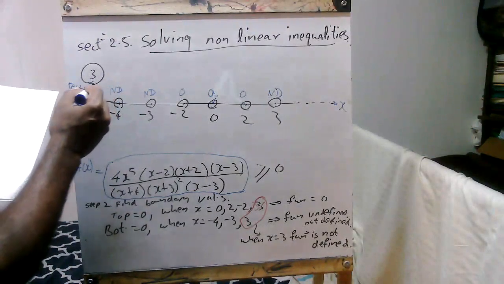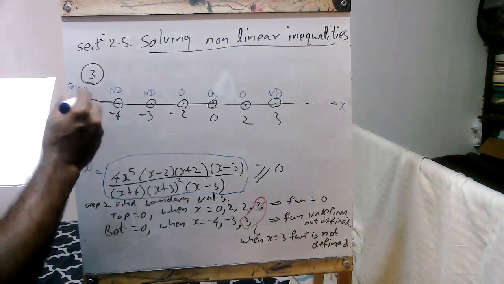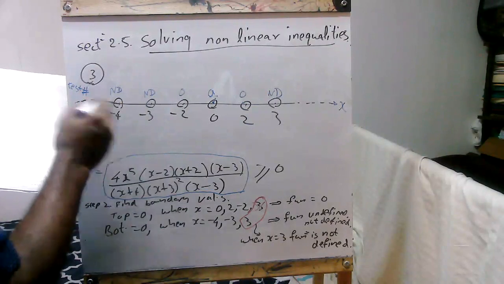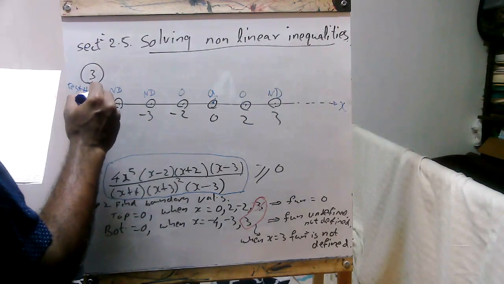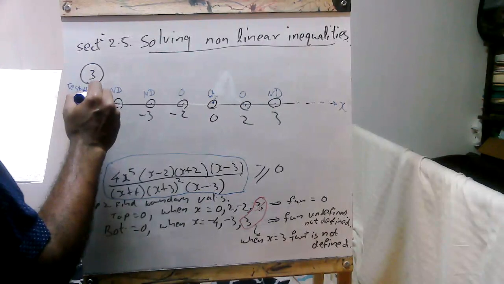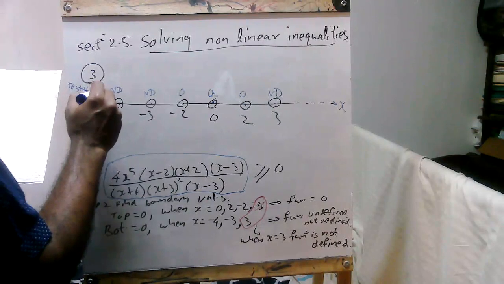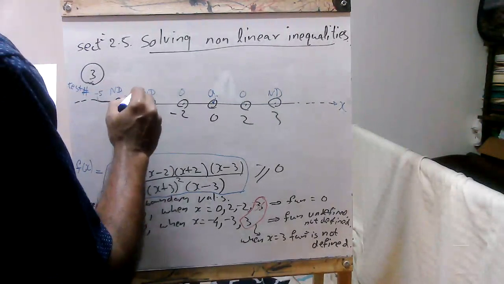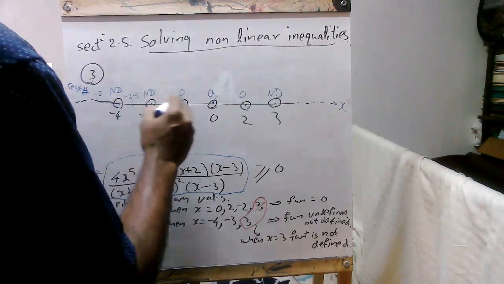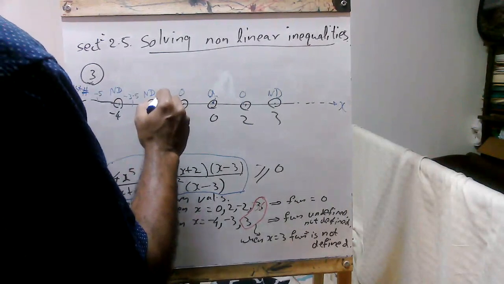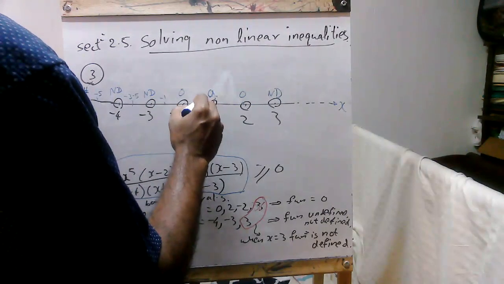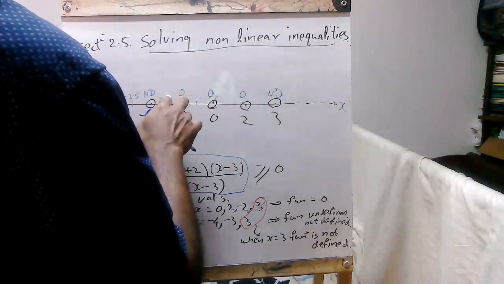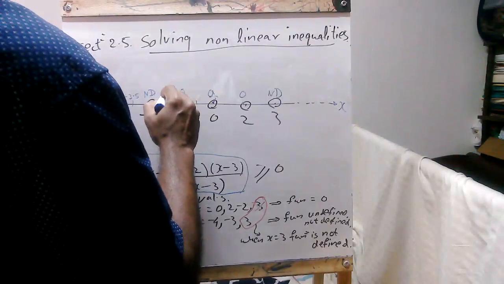Now, keeping that in mind, let's use test values. Less than negative 4, we can use negative 5. Between negative 3 and negative 4, we can use negative 3.5. Between negative 2 and negative 3, we have to use something like negative 2.5.